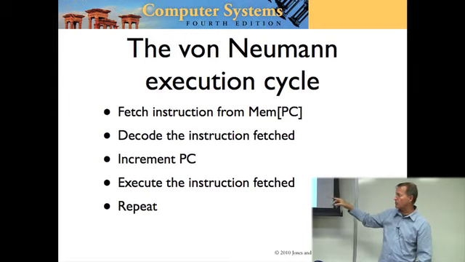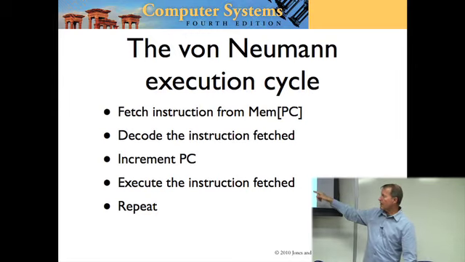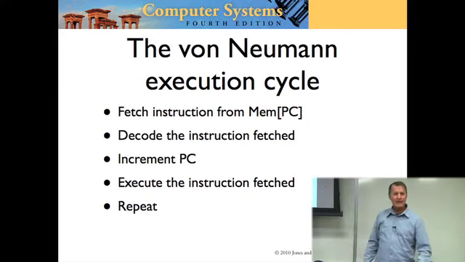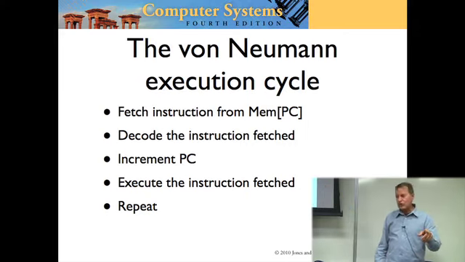Now, here's a crucial detail. If we are executing the instruction fetched, here's my question: are we executing the instruction that the PC is pointing to? No. The program counter is already incremented by 1.